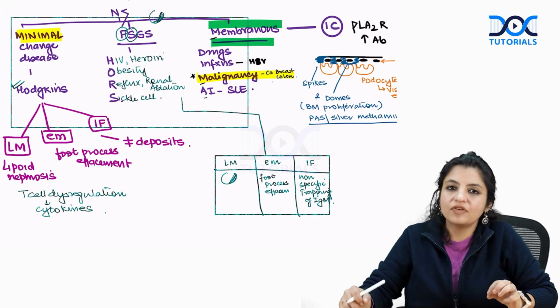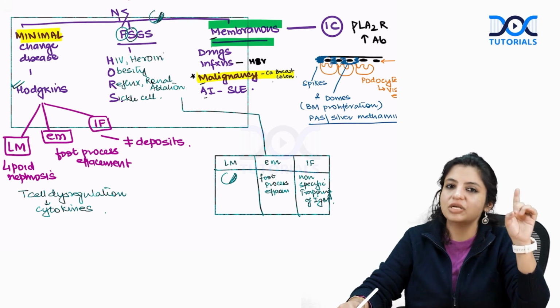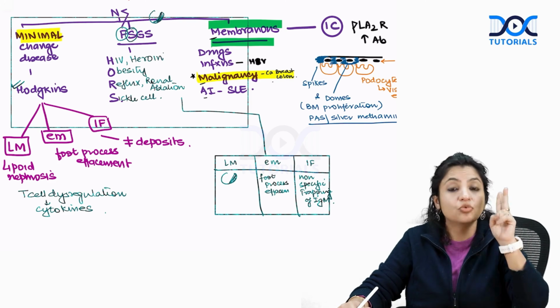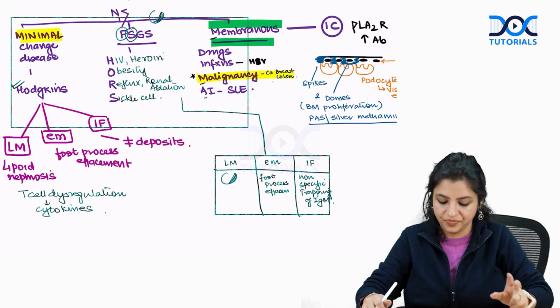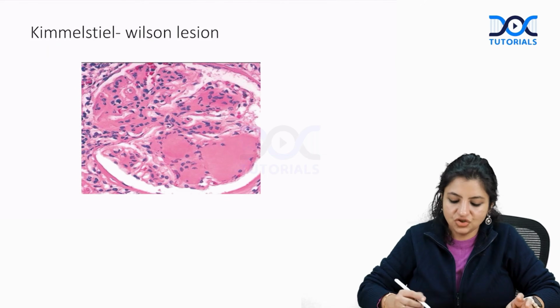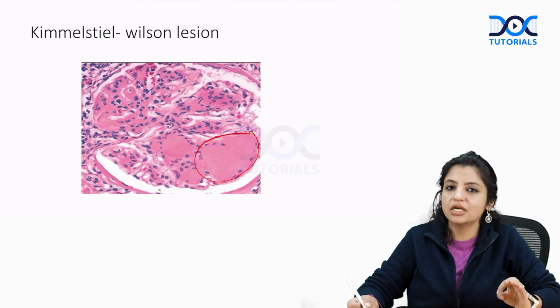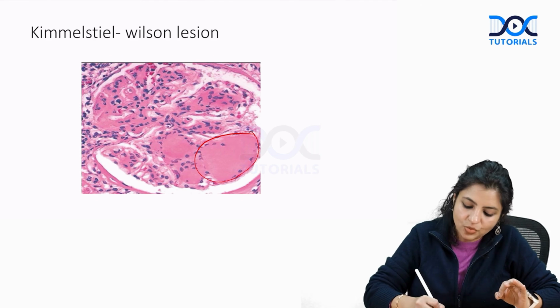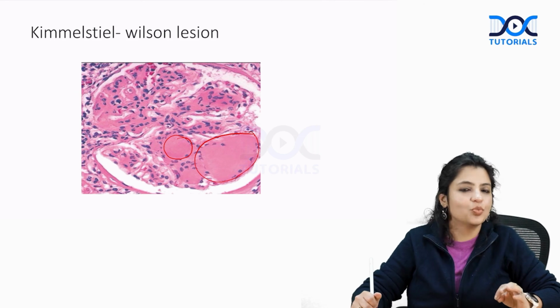The hallmark of diabetes, the earliest finding of diabetic kidney, is basement membrane thickening. But the most specific finding is the Kimmelstiel-Wilson lesion. The Kimmelstiel-Wilson lesion is a well-defined homogeneous area which is seen in the glomerulus. So once you see this, remember this is your Kimmelstiel-Wilson lesion.